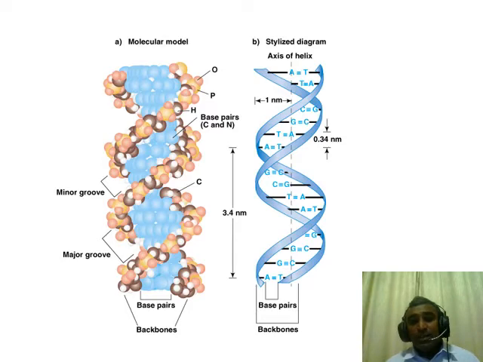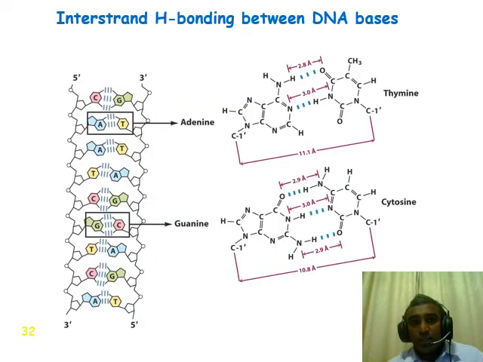I think we covered most of the 6 features. So more on the 6 features is shown in a schematic diagram. You can see there the adenine structure linking up to thymine with 2 hydrogen bonds.